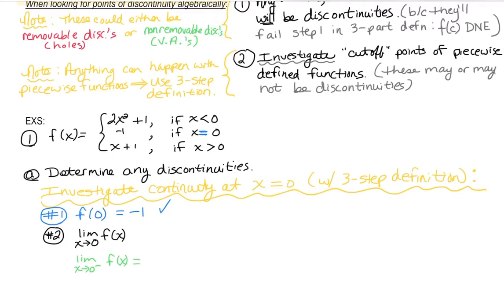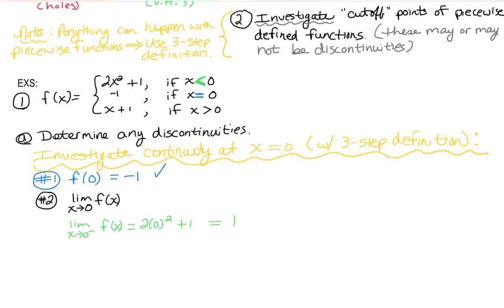So left of 0 means I'm coming in from the less than side of 0. That's going to be according to this first rule, my 2 times 0 squared plus 1, which is 1. Then we look at the limit as x approaches 0 from the right, so I'm getting values from the larger side of 0.